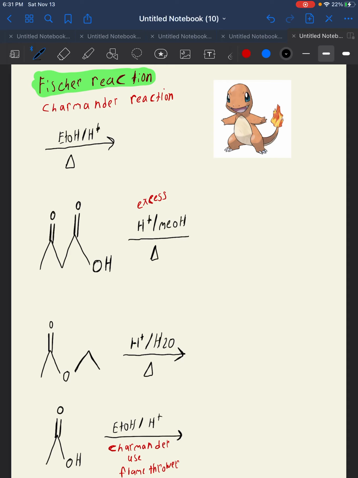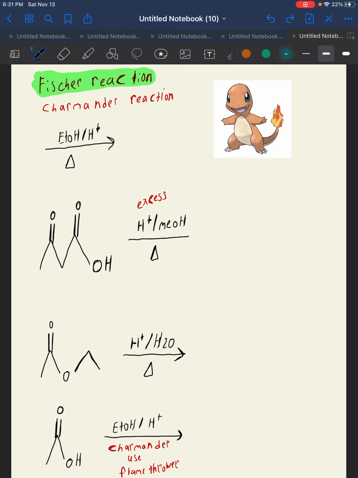Moving on to the next reaction, the Fischer reaction, or as I like to call it, the Charmander reaction. It's basically the same as an acetal formation reaction. However, it can also deprotonate carboxylic acids and actually add on the prefix of the alcohol being used in the reaction.